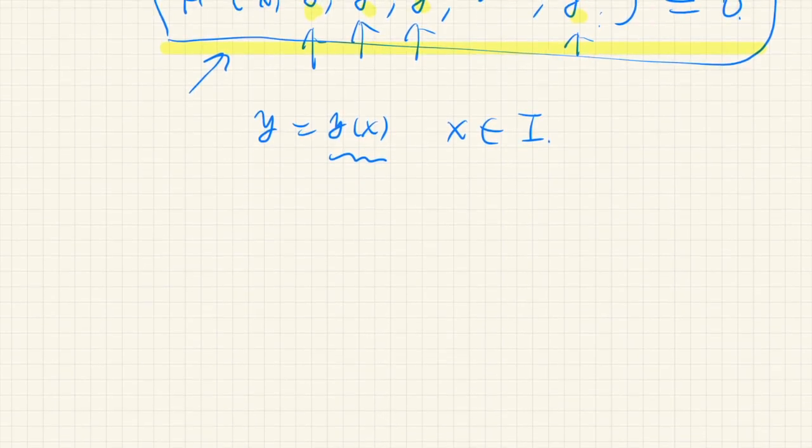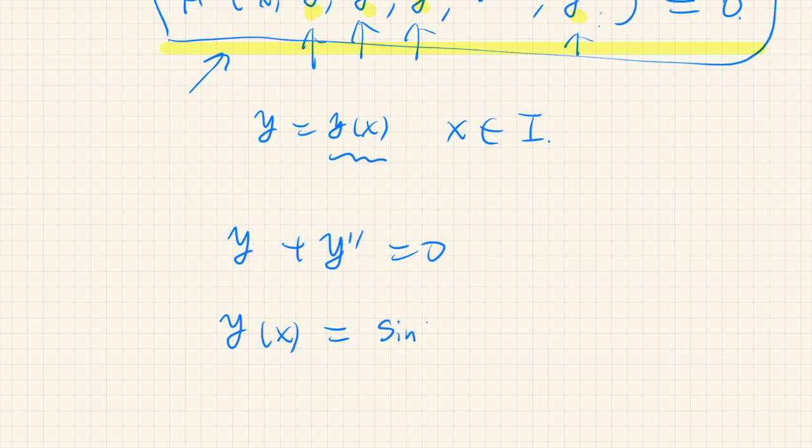For example, let's consider this linear second order ordinary differential equation, and y is a function of x. And we can easily show that y of x equals sine x is a solution of this equation. To see this, just substitute this function into this equation.